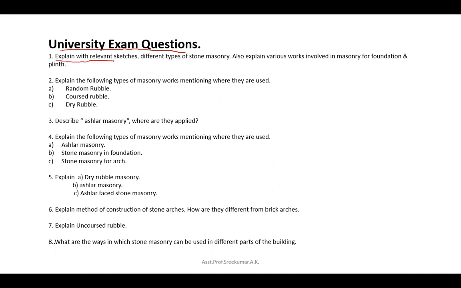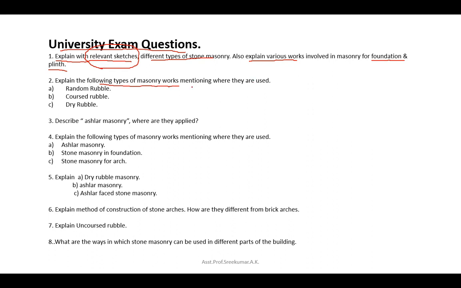First one, explain with relevant sketches different types of stone masonry. Also explain various works involved in masonry for foundation and plinth. So listen guys, sketching is very much essential for the subject for each of the questions mentioned. Second question, explain the following types of masonry works mentioning where they are used.